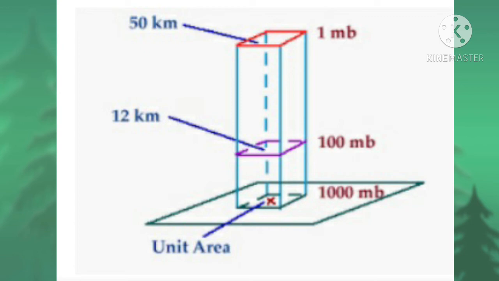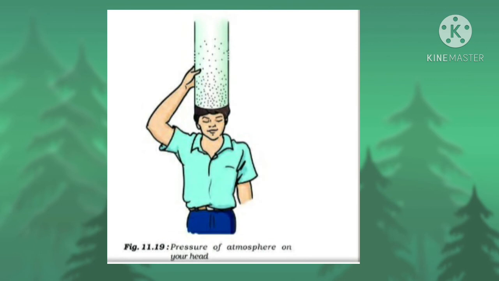Since the SI unit of area is square meter, we can also say that atmospheric pressure is equal to the weight of air present in a very tall column of air standing on 1 square meter area of the earth.